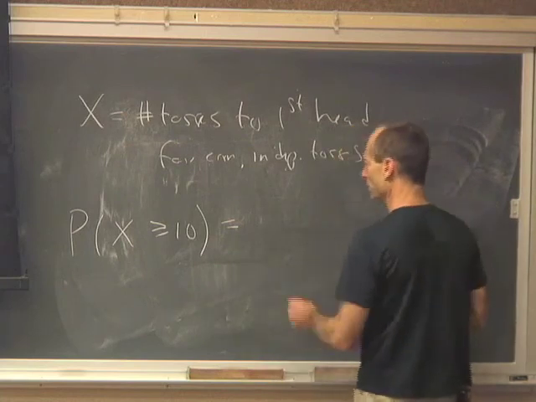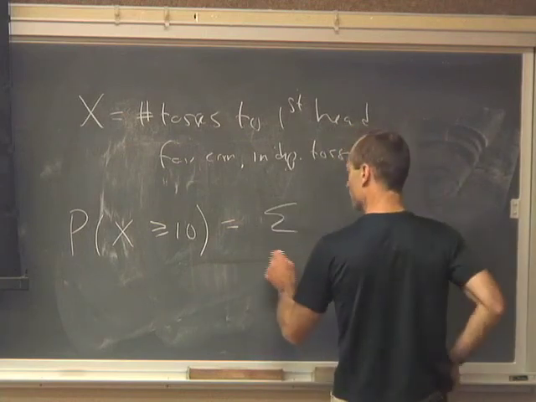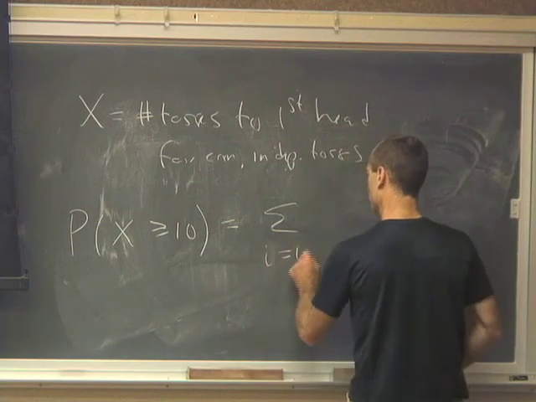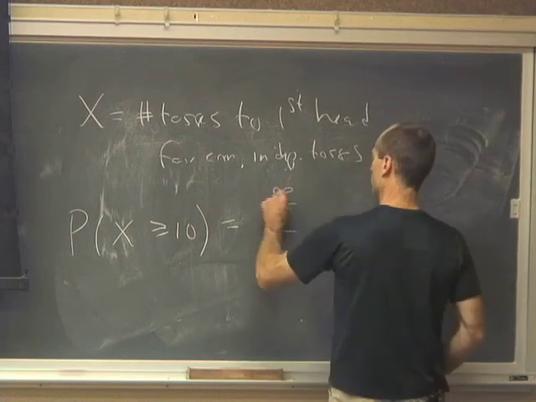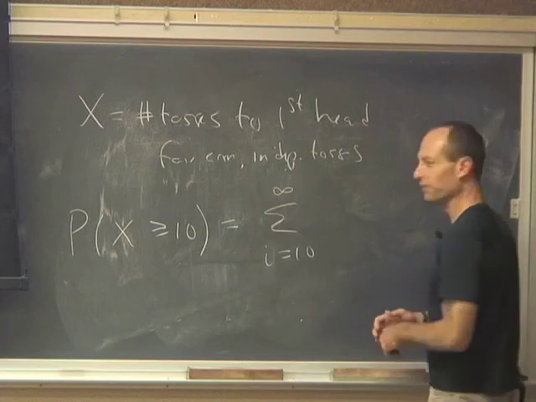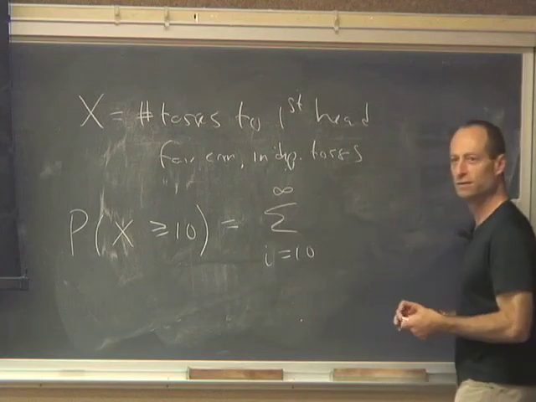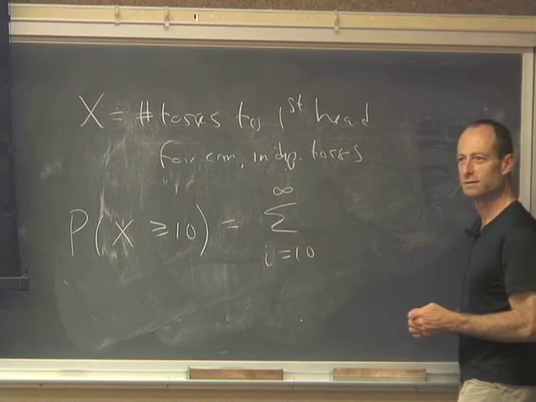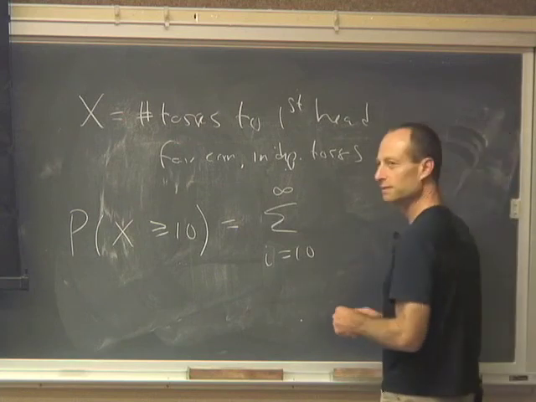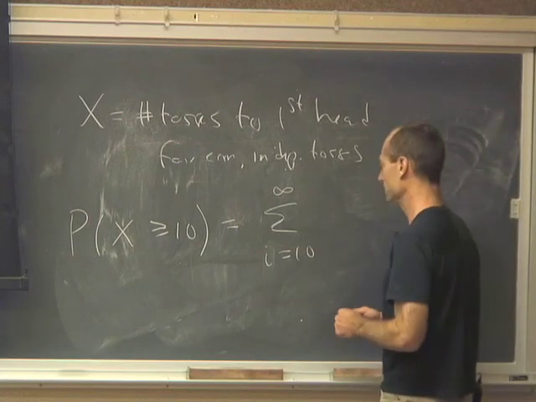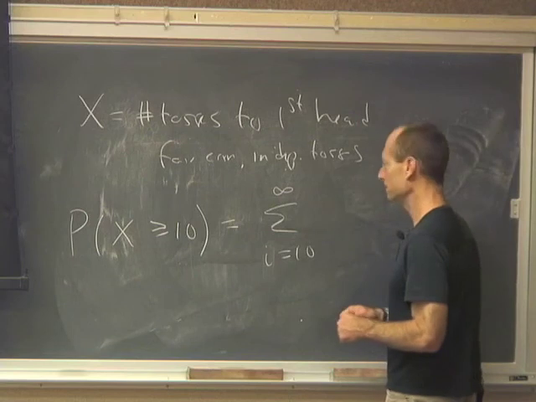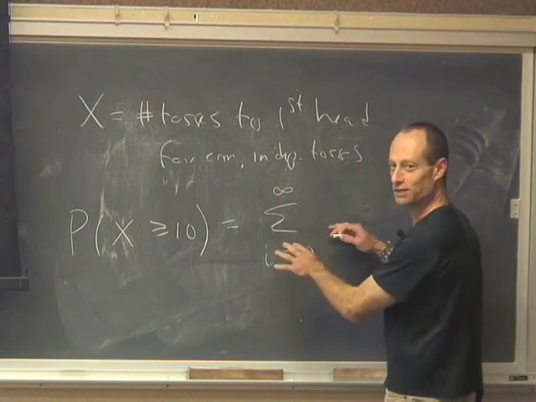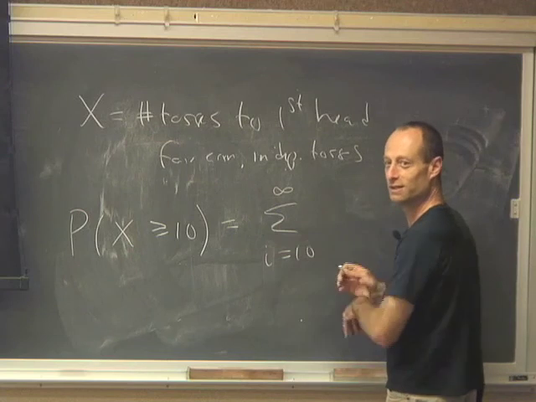This would be the sum from, let's call it i equals 10 to infinity of the chance it takes exactly 10 tosses, chance it takes 11, 12, 13, 14, 15.